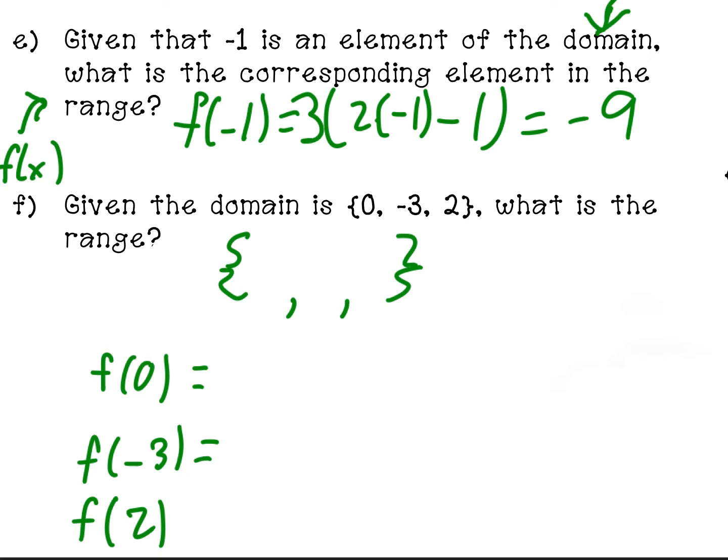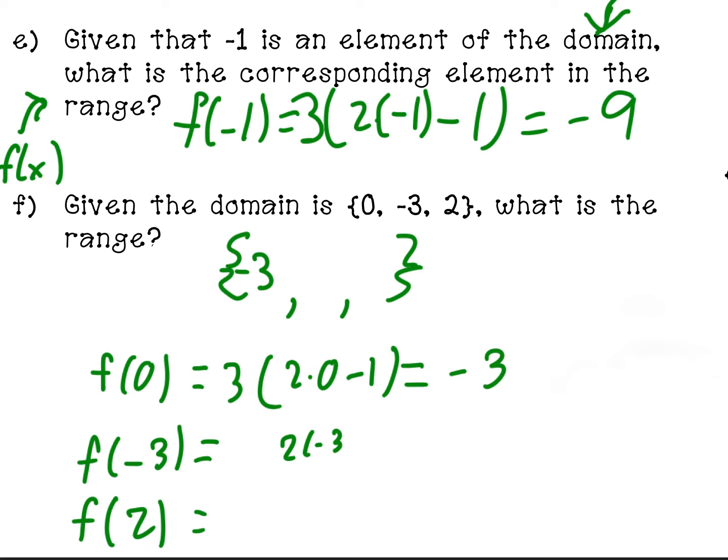Well, f of 0 is 2 times 0, which is 0, minus 1, which is negative 1, times 3 will give us negative 3. Then f of negative 3 is 2 times negative 3, which is negative 6, minus 1 is negative 7, all multiplied by 3, and that gives us negative 21.